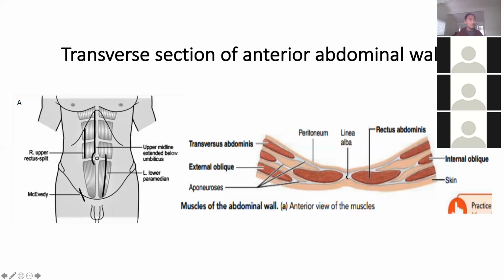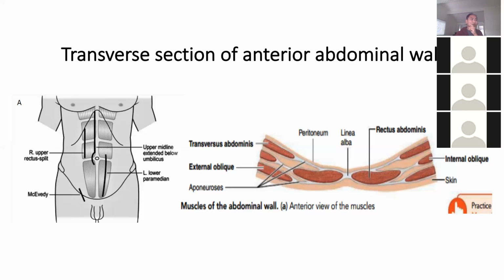Once we split the fascia, we see the peritoneum, which is lying inside, and then we get inside the abdomen. So that is the beauty of this midline incision. It is easy to perform, and it just goes straight in between two rectus muscles. But we need to know the anatomy.